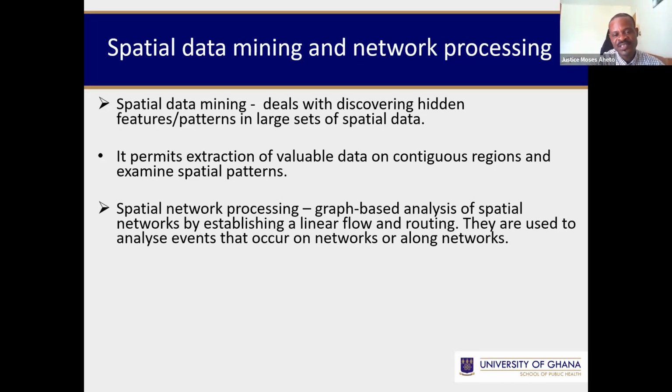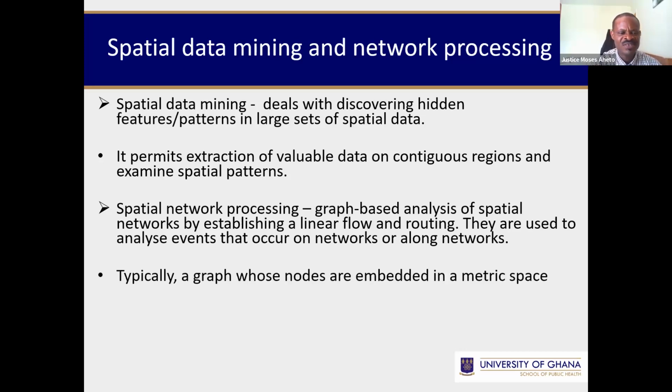And then spatial network processing, on the other hand, is simply a graph-based kind of analysis of spatial networks by establishing a linear flow and routing. They are normally used to analyze events that occur on networks or along networks. A typical example you'll see very soon.